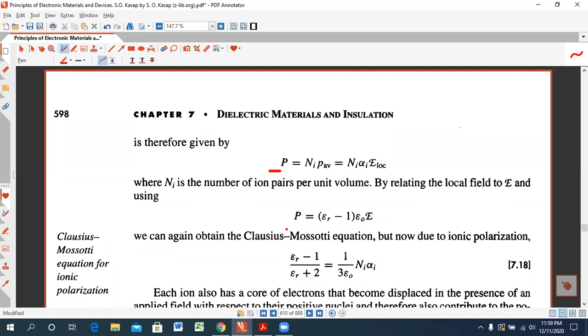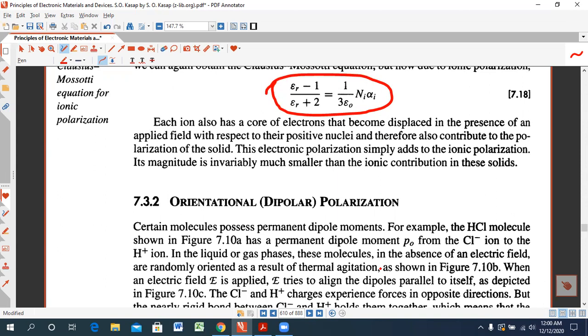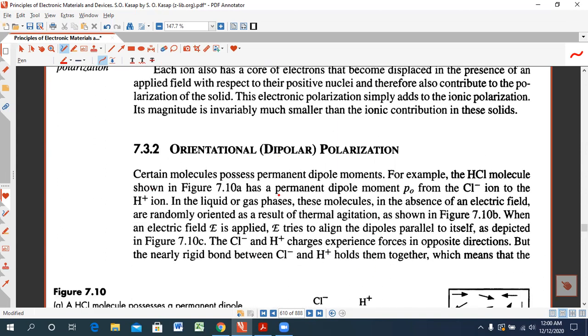So P equals (epsilon r minus 1) multiplied by epsilon naught E. The Clausius-Mossotti equation for the ionic bond is exactly the same; the only difference is that it will be Ni and alpha I, and the rest is the same.